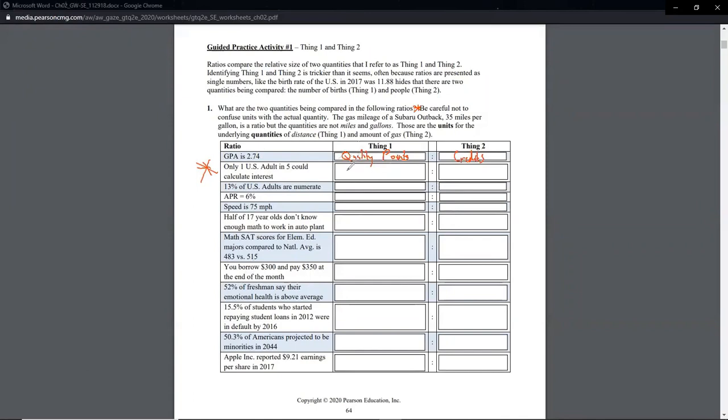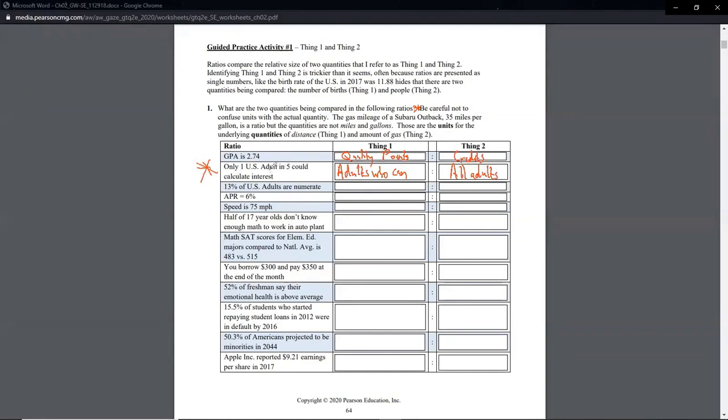This is the people who can, so the adults who can calculate interest to all adults. This is a very important type of proportion where we're comparing a part of something to an entire population. So 1 out of 5 can calculate interest.